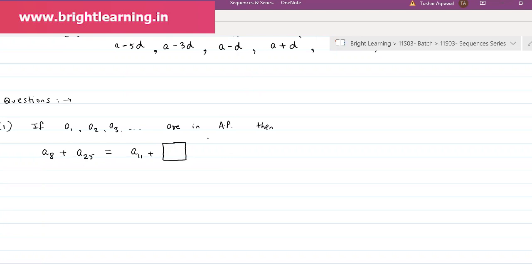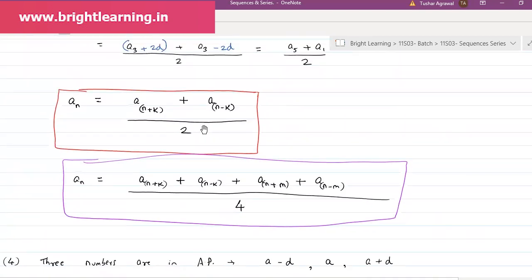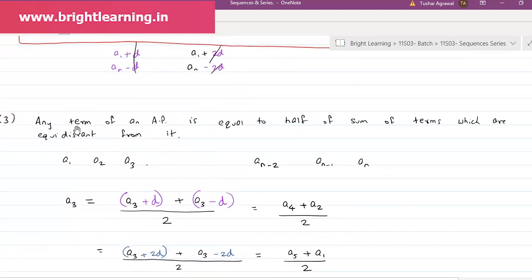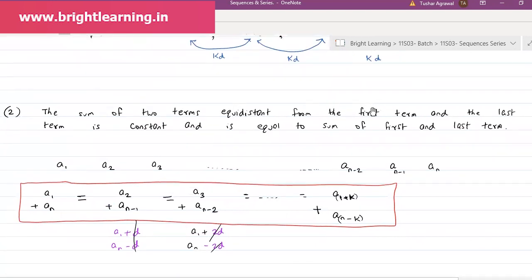Instead, if you use the picturization of this addition, which property will we be using over here? This property, sum of terms equidistant from the first term and the last term. The concept involved in this property was that we move D steps ahead, we come for N minus 1, we come D steps backwards.